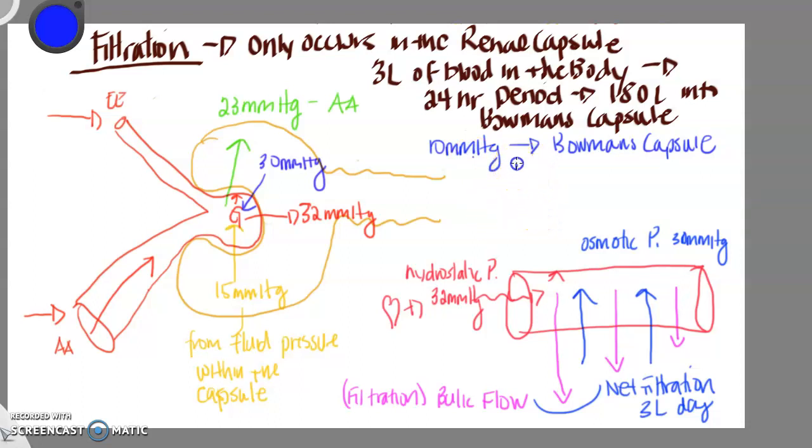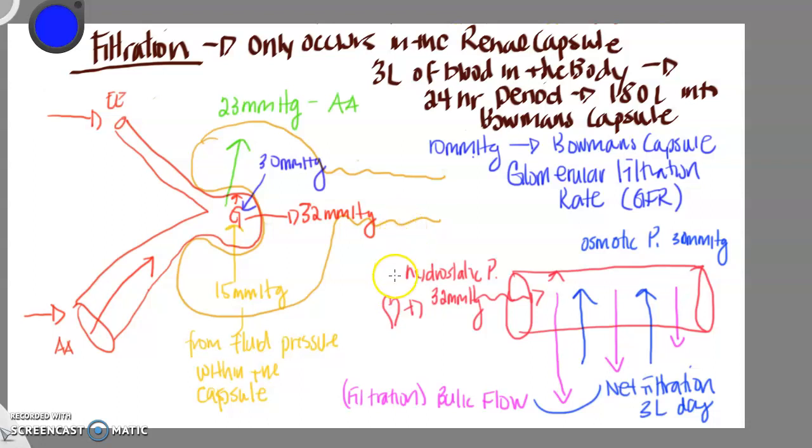So that is what we call glomerular filtration rate, or GFR. And this GFR number is important for the homeostasis of the body for filtering the blood.